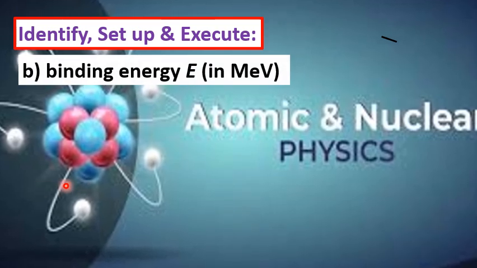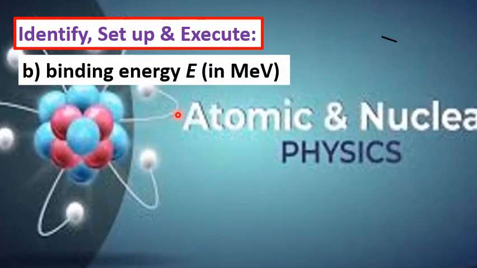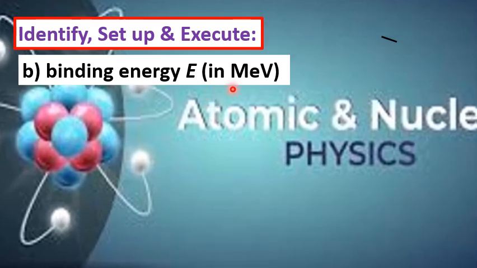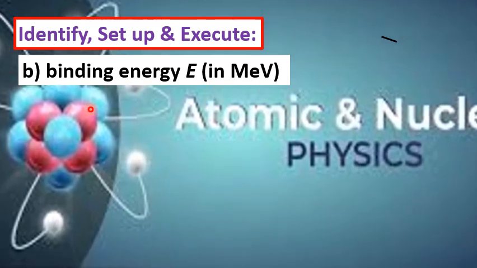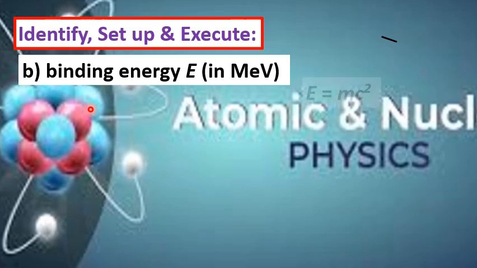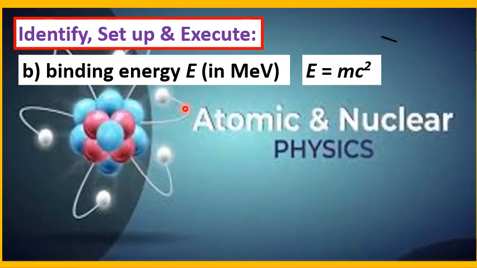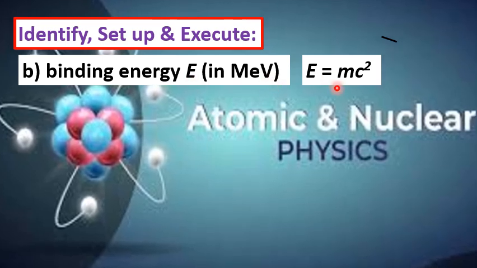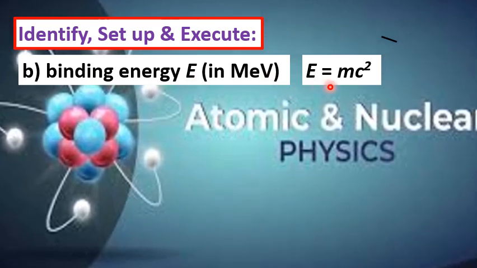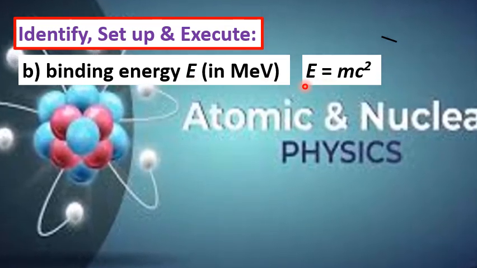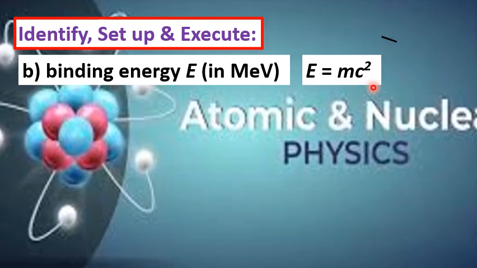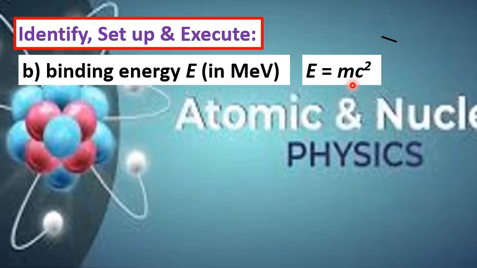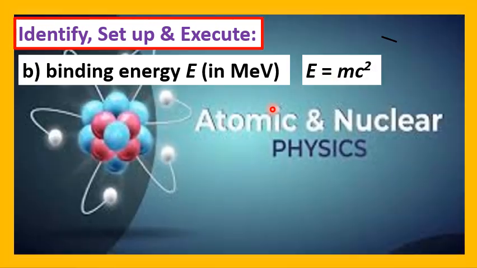For question letter B, what is the binding energy in million electron volts, right? So, as earlier presented, we use Einstein's equation E equals mc squared, or the energy mass equivalence formula.